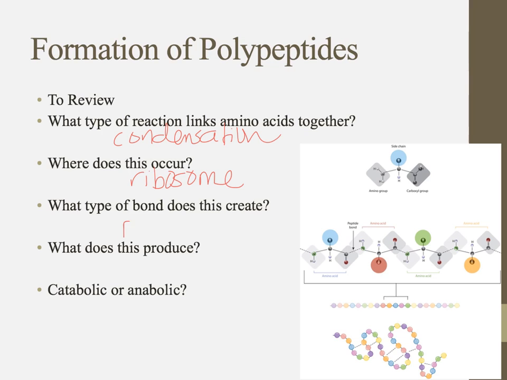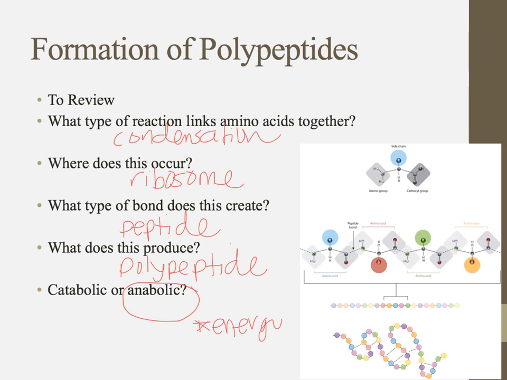This creates a peptide bond. It also produces a dipeptide if there's only two, but I'm more than likely putting a bunch of them together, and so this is called a polypeptide. Since I'm building things, that is anabolic, so it's going to require energy and form bonds.